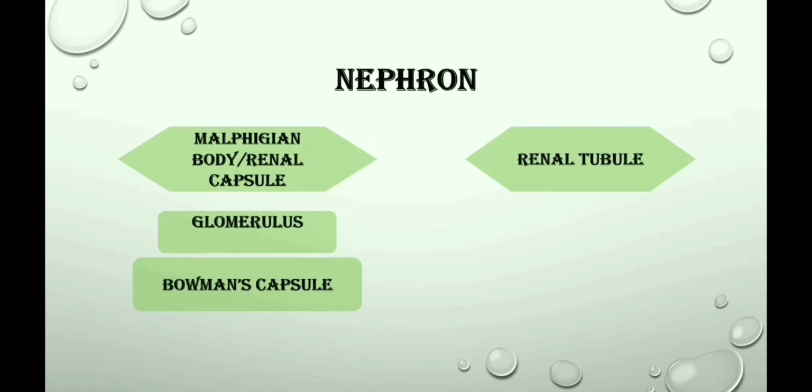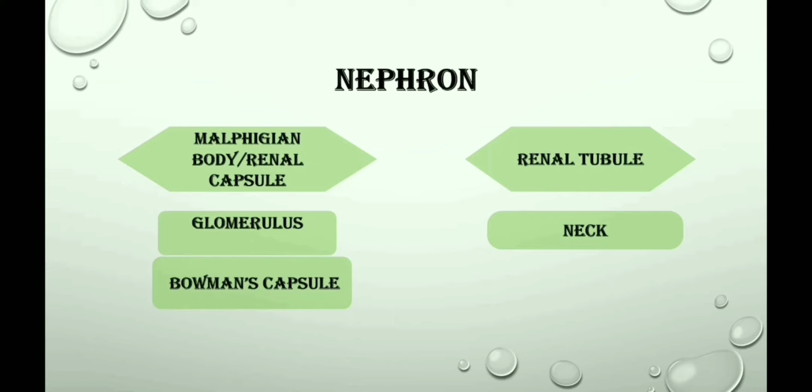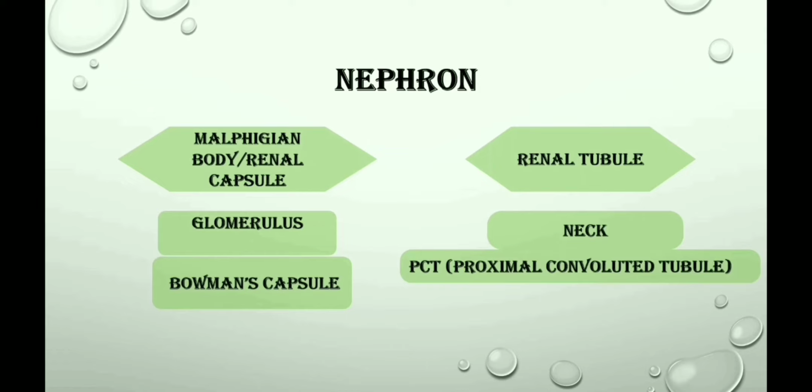Then coming towards a renal tubule. Renal tubule consists of first part, that is called neck, which is in continuation with Bowman's capsule. This neck then proceeds into PCT, that is proximal convoluted tubule.